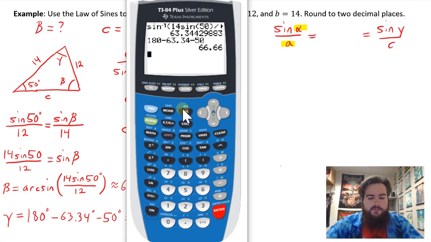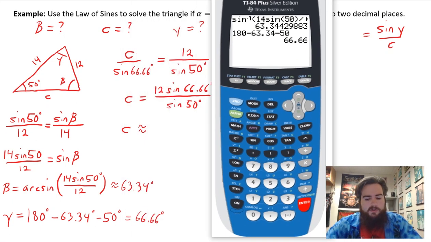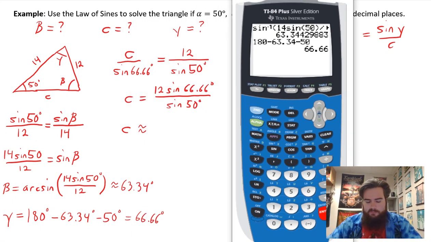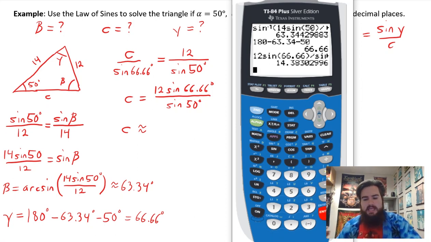Again, let's use a calculator for that purpose. Do make sure that you are in degree mode, however. So that will be 12 sine of 66.66, and I will divide that by sine of 50 degrees. This gives me 14.38, and that side length makes sense to me because my largest angle measure ended up being gamma in this case.